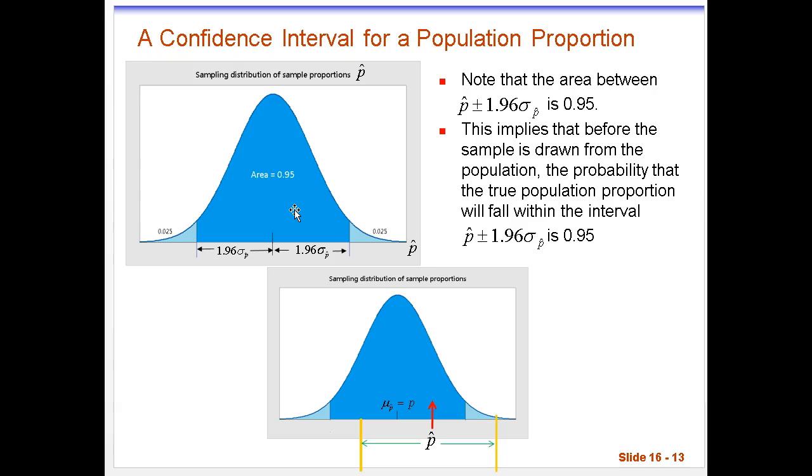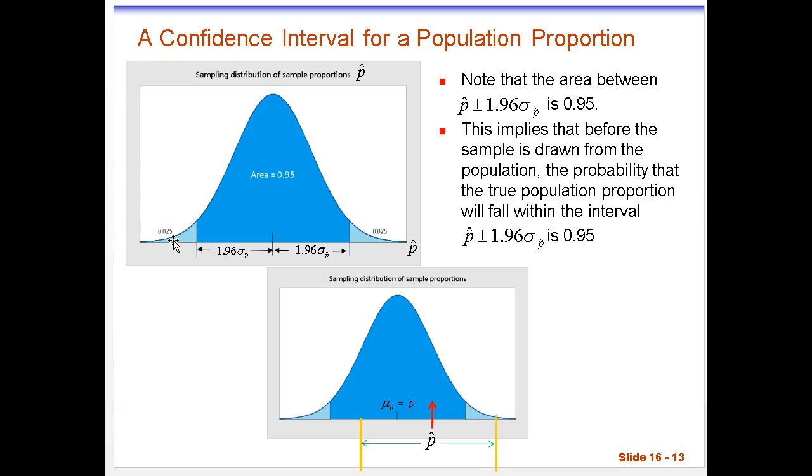All right, now where does that come from? Well, it turns out that if you look up a z-score of negative 1.96 and look up the area to the left of it in your standard normal distribution tables, they will tell you that the area to the left, that's this little blue area over here, will be 0.025.